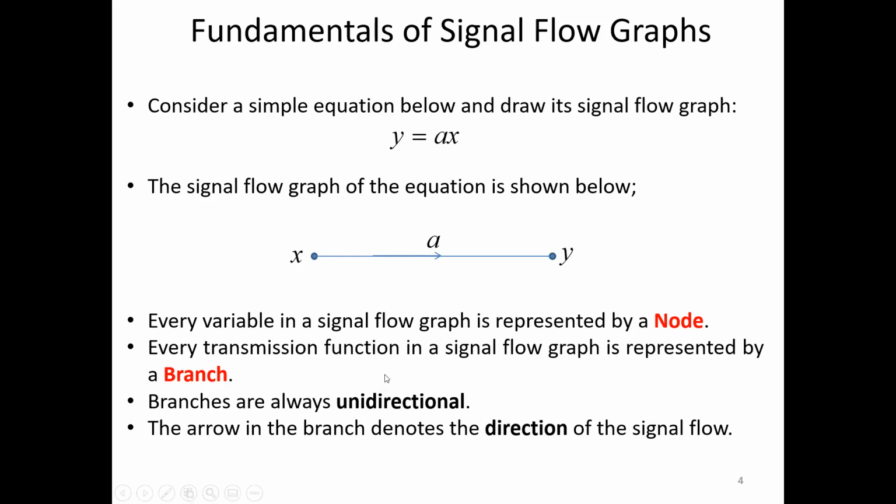So we say that every transmission function in a signal flow graph is represented by a branch. A branch is always unidirectional, so it has got a unique direction, which is very, very important in the analysis. And we identify the direction with an arrow. You can see here we have an arrow direction here, that is we are moving from x to y.